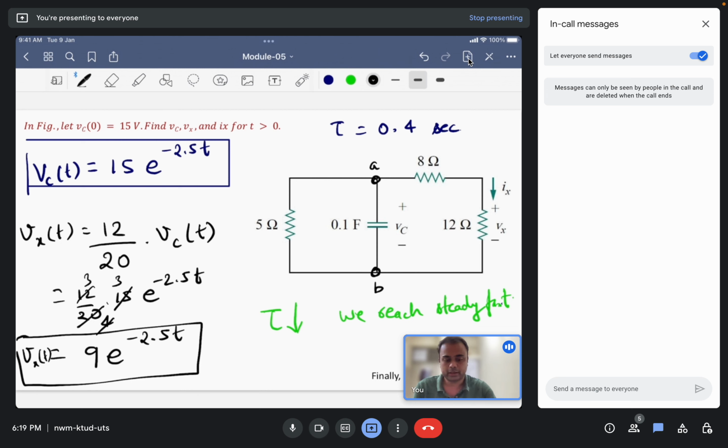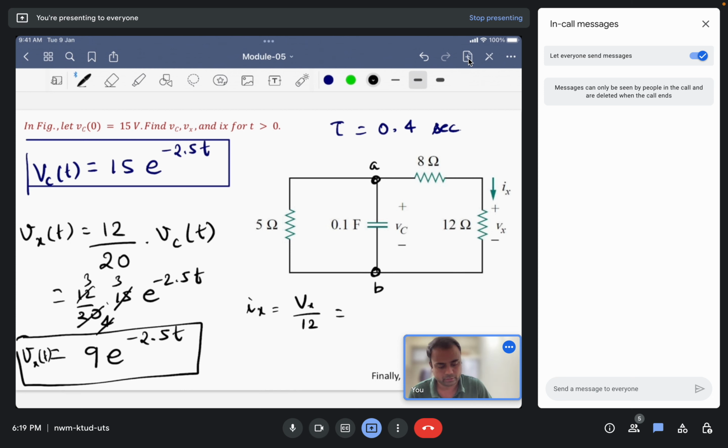And the third part of the question is that you have to calculate the current that will pass through the 12 ohm resistor. So again we can use the simple Ohm's law to calculate the current Ix. The current Ix will be the voltage drop Vx divided by the resistor 12 ohm.